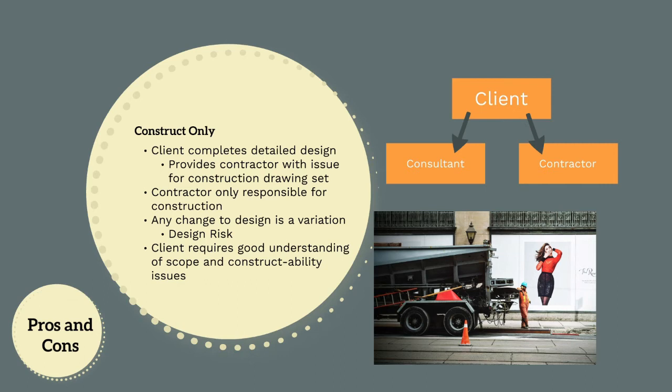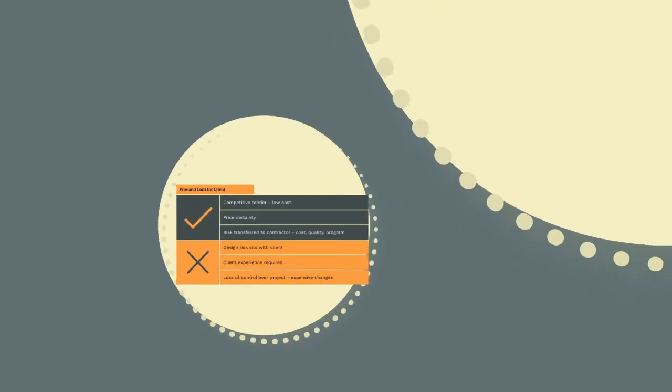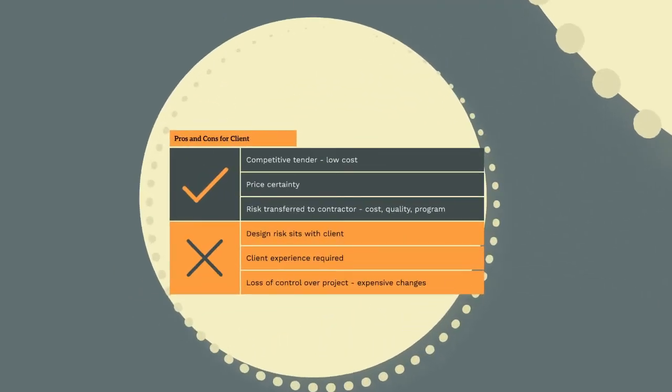We can see this structure in the design on the right, where the client procures both the consultant and the contractor. Some of the advantages of a construct-only package from the perspective of the client is that the procurement of the contractor is run through a competitive tender, meaning there is price competition between contractors.